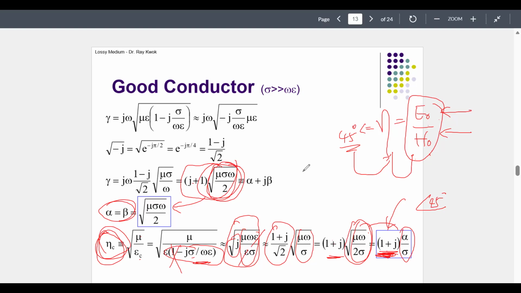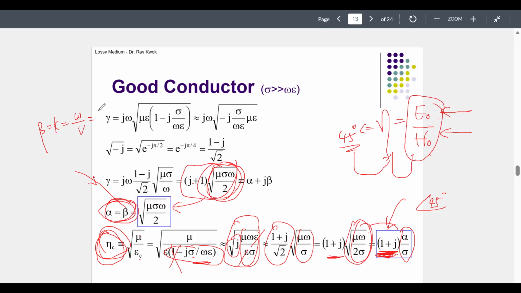One thing you have to remember. Alpha is equal to beta. What does that even mean? Alpha is attenuation, beta is oscillation. In the past, when we were dealing with a lossless medium or low loss medium, what is beta and how do we calculate it? Tell me. Beta is my k. It's omega over the velocity, right?